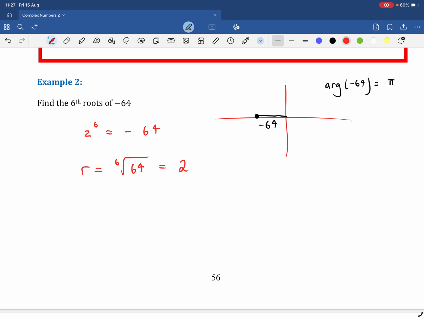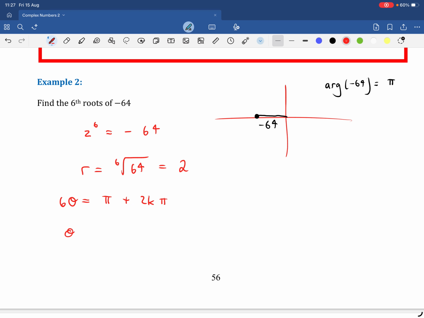And then we're going to say, well, 6 theta, because we know we're going to have 6 solutions, they're all going to be separated by this same value. So we can say 6 theta is equal to the argument of negative 64 plus 2k pi.